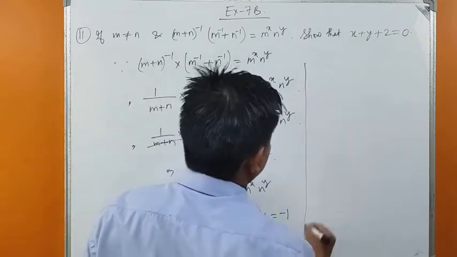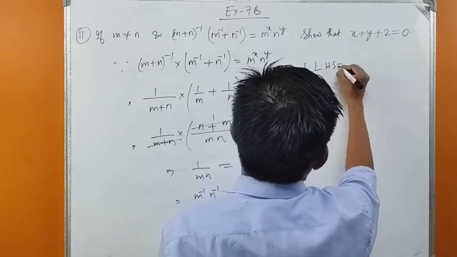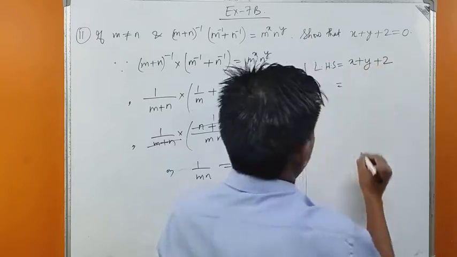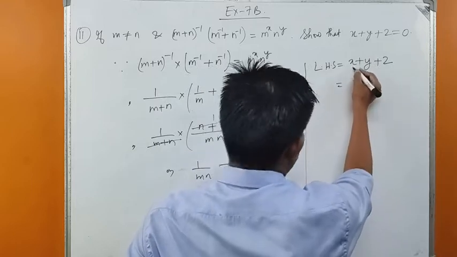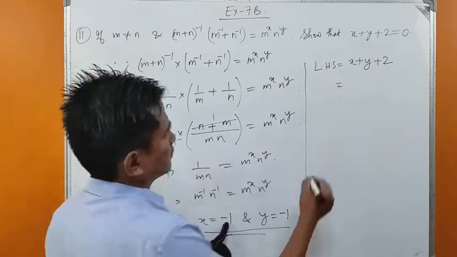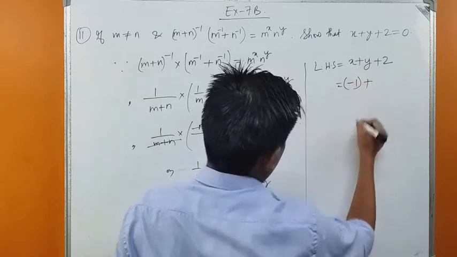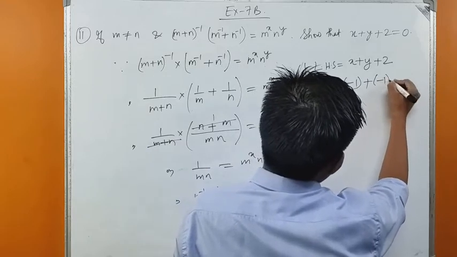Now let's do the left hand side of this. LHS equals x plus y plus 2. So we are going to use this and prove this equals 0, isn't it? So x is minus 1, plus y is minus 1, plus 2.